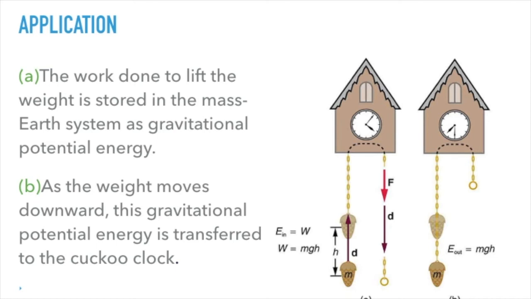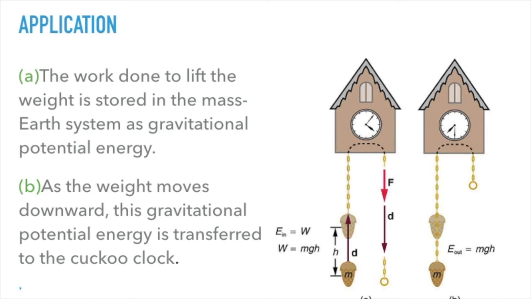So you pull down on this chain. You're exerting a force downward, with a displacement downward. So you're doing positive work on the weight-Earth system. As I'm doing that work as an external agent, I'm increasing the gravitational potential energy of the system.